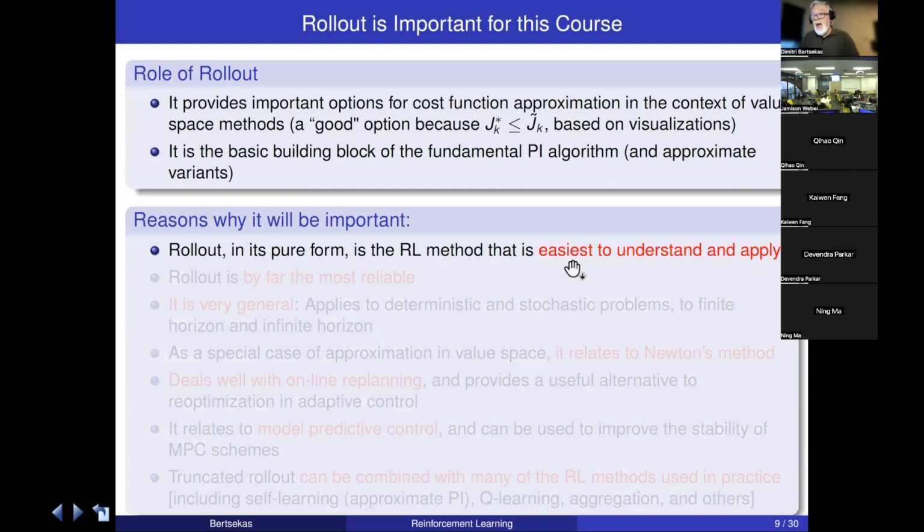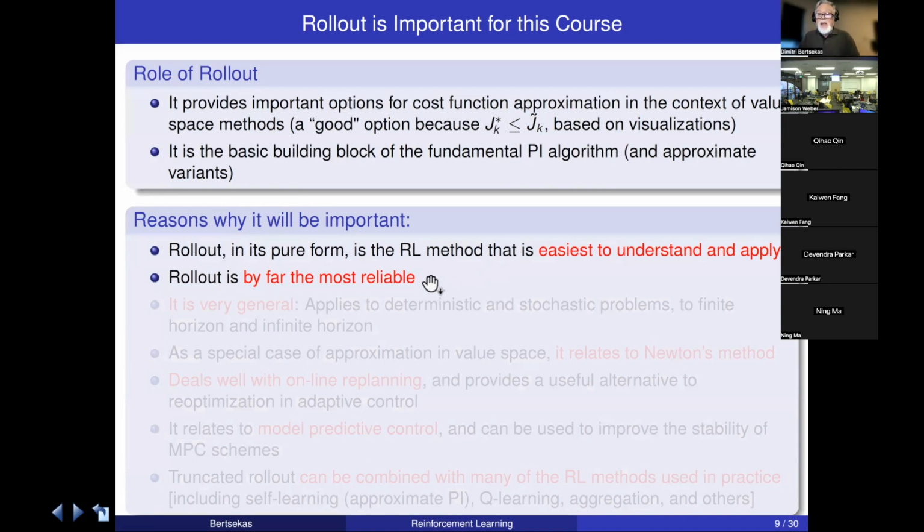Also, to make these other algorithms work is another story, because rollout is by far the most reliable method within this landscape of reinforcement learning. It works just about every time, okay? Once you take some care to avoid some pitfalls, then it works. It's very straightforward to make it work.